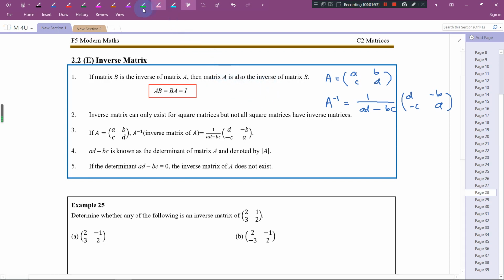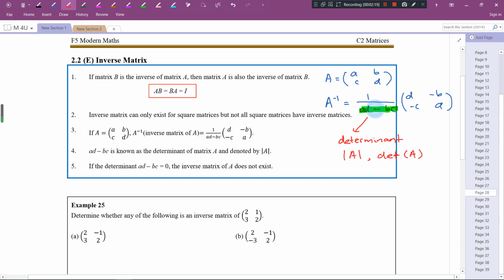This part, AD minus BC, is the determinant. We call it determinant. This is the determinant of a matrix. We can represent it this way or this way: det(A).